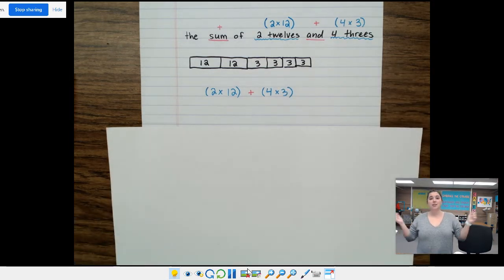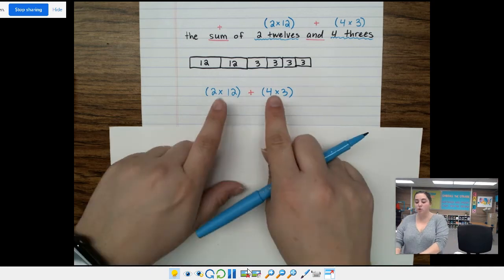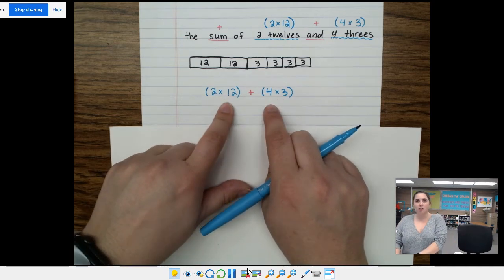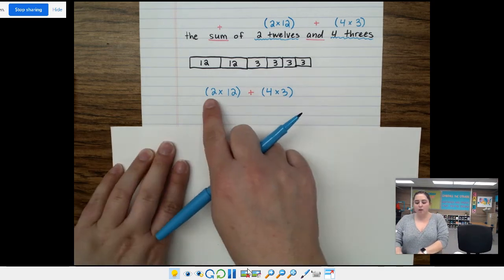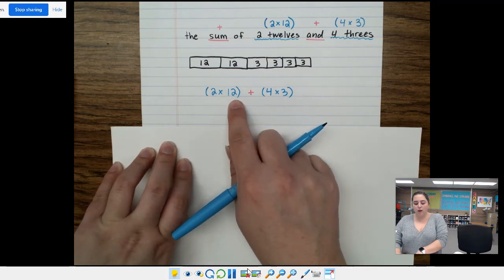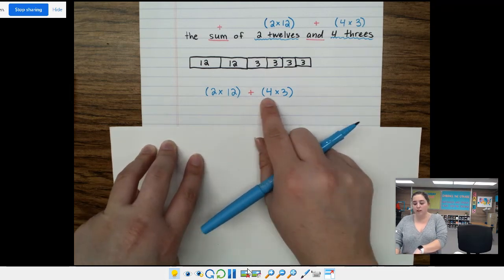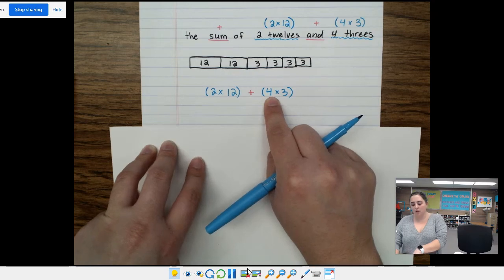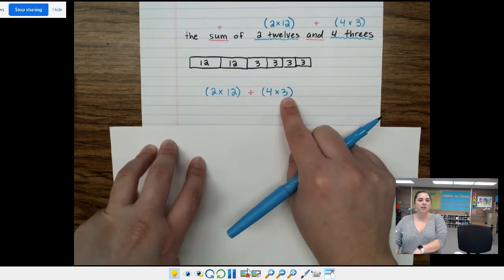There we go. That's the expression. The only thing I want to point out is you have to have your parentheses here, because otherwise it might be, okay, 2 times 12, that's 24, plus 4, 28, times 3, and that's not what it wants.